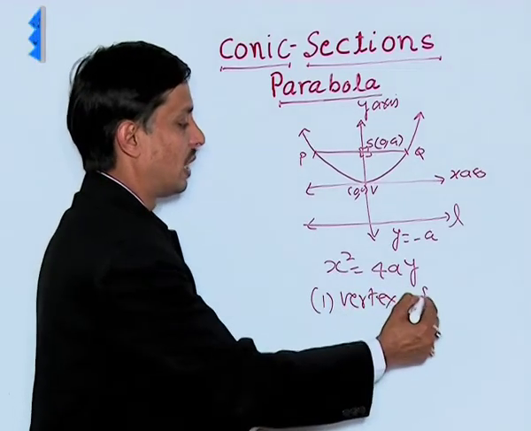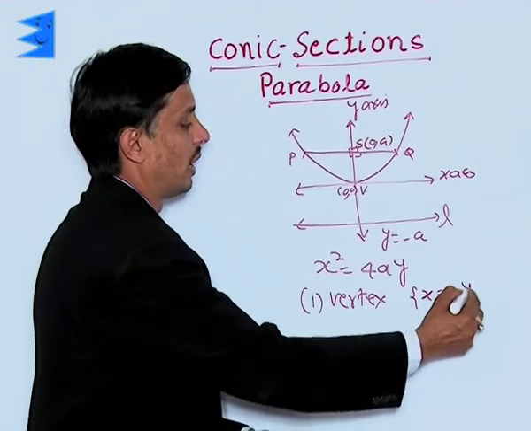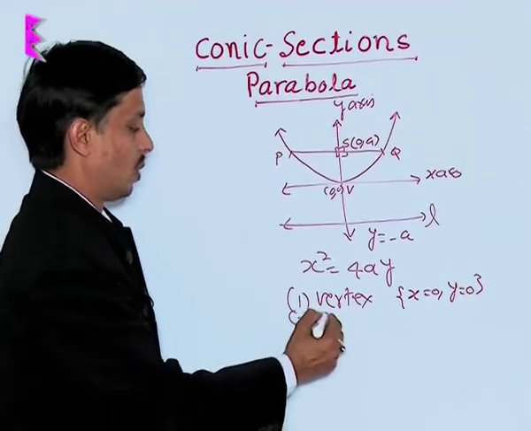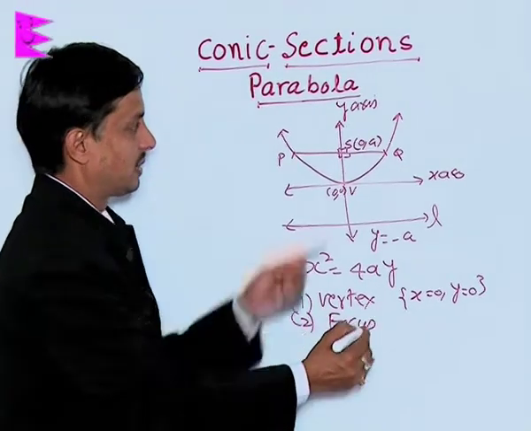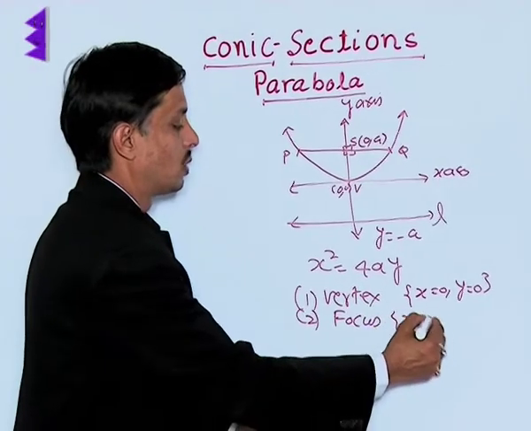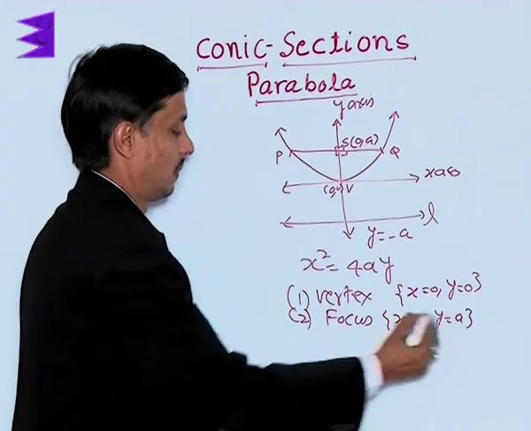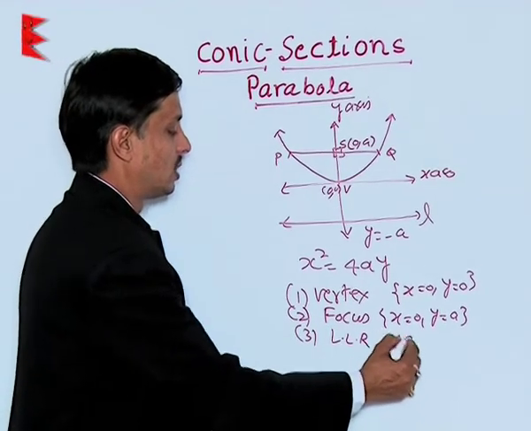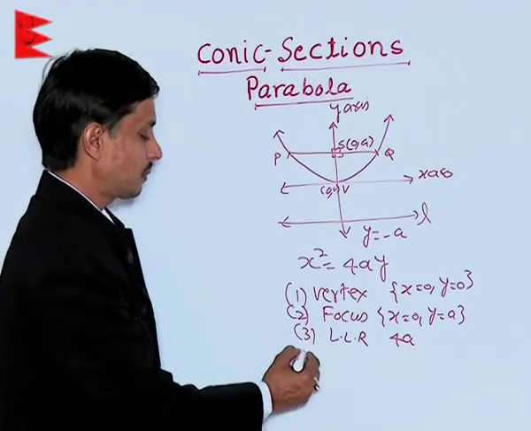The vertex of this parabola is again x equals 0 and y equals 0. After the vertex, what is the focus? As the focus of this parabola lies on the y-axis, it is x equals 0 and y equals a. Then third, LLR, the length of latus rectum, is again the same, 4a.